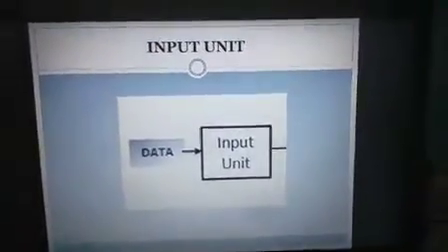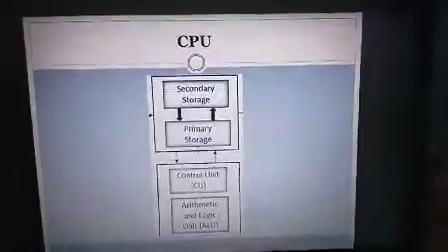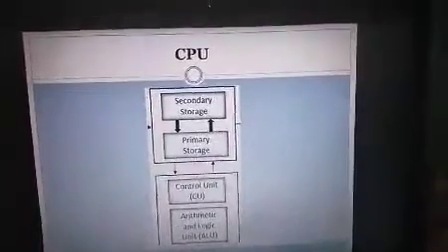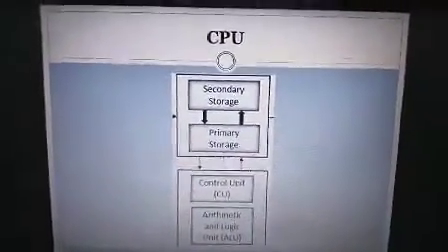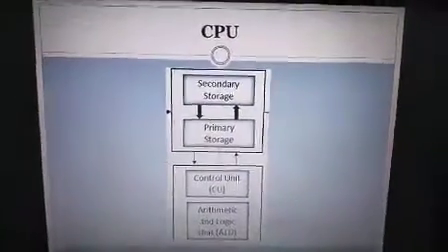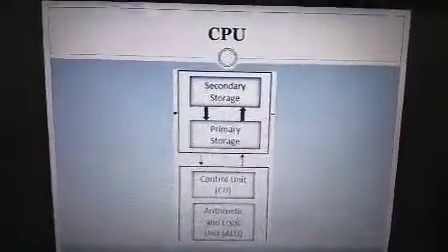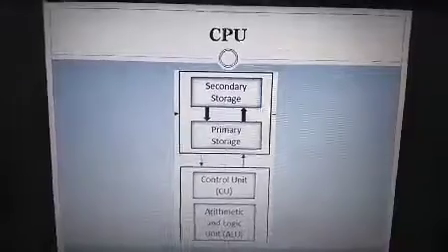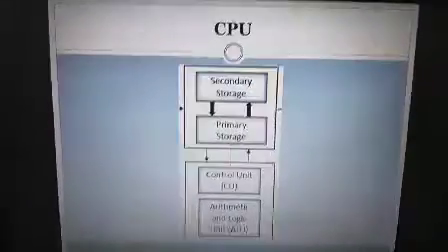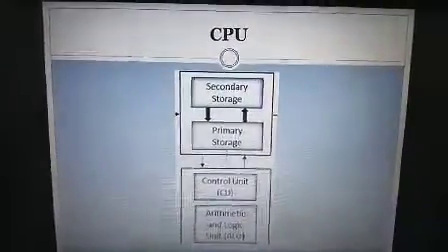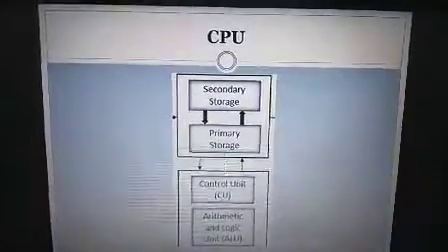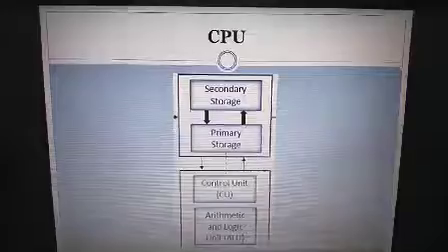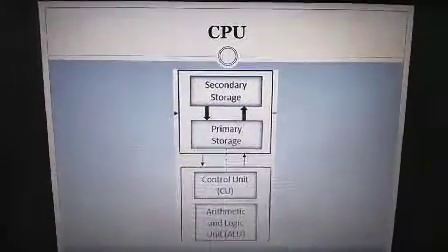Now coming to the next, the central processing unit. As you can see, the CPU consists of two basic blocks, the storage unit and the processing unit. The storage unit consists of the primary and the secondary memory, and the processing unit consists of the control unit and the arithmetic and logic unit.